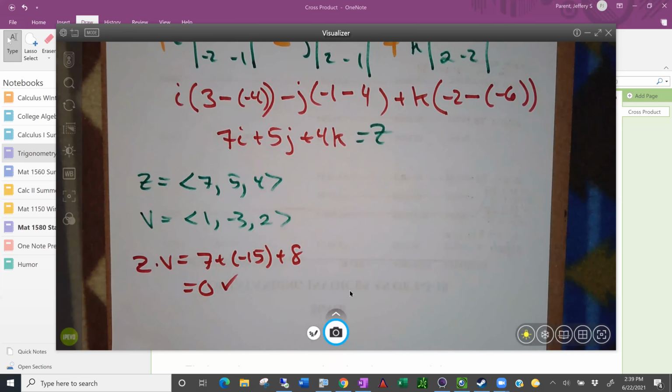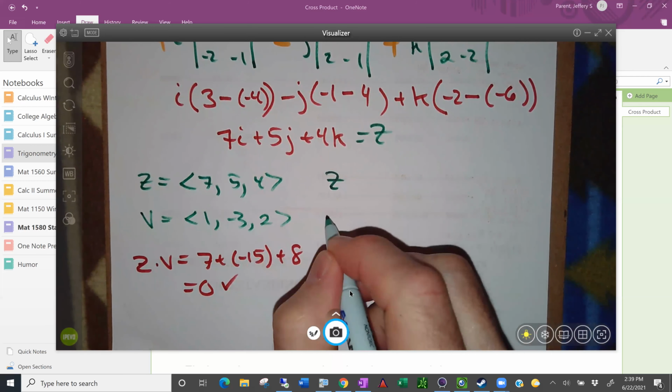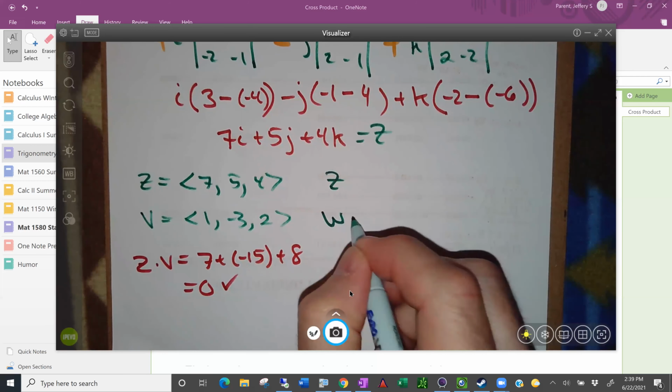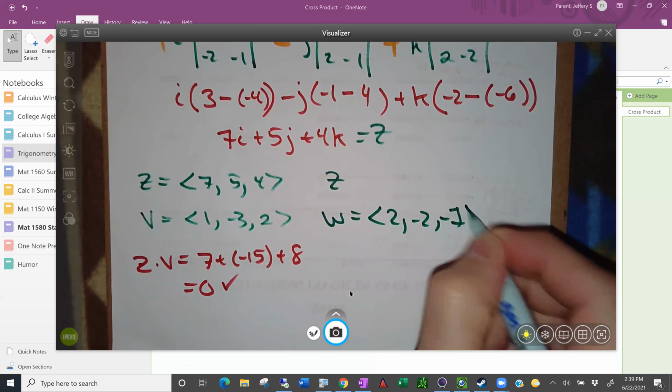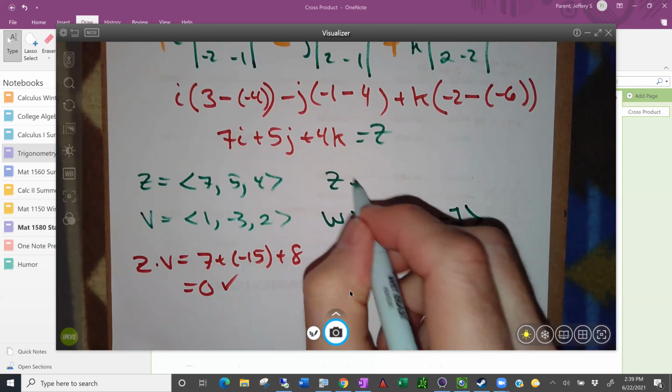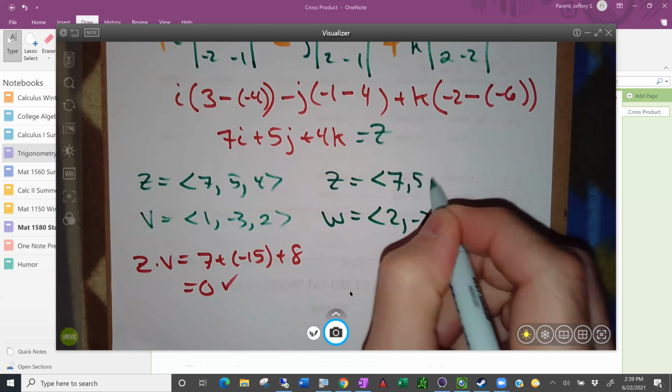Beautiful. Likewise, if I did z times w, 2, -2, -1, so 7, 5, and 4.